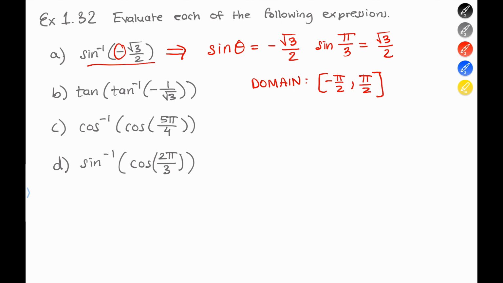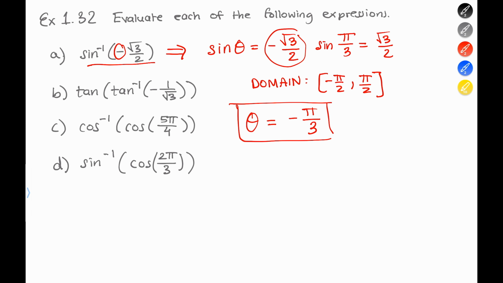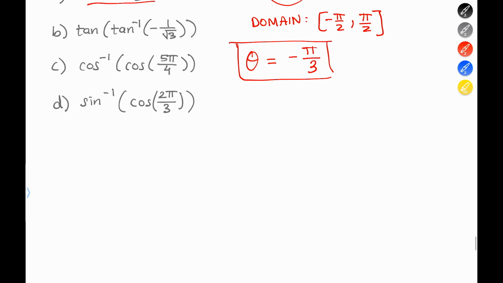So because of this, we could say that theta is going to be equal to negative pi over 3, because negative pi over 3 is in our domain, and it also makes this root 3 over 2 negative. So that is why the answer for A is negative pi over 3.